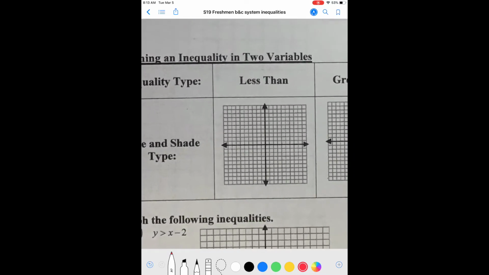Well, if we have the inequality less than, then we're going to have a dashed line. The only reason why we know it's dashed is because there's not an or equal to. So the less than is dashed, and we've got less than, so we're going to shade below it.